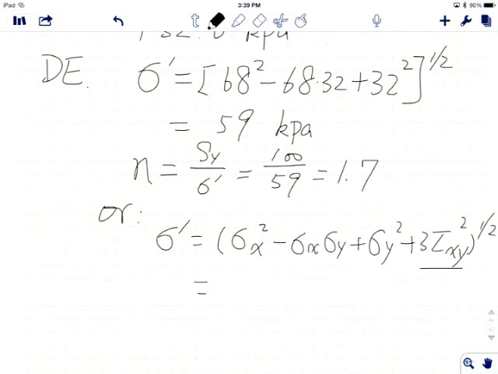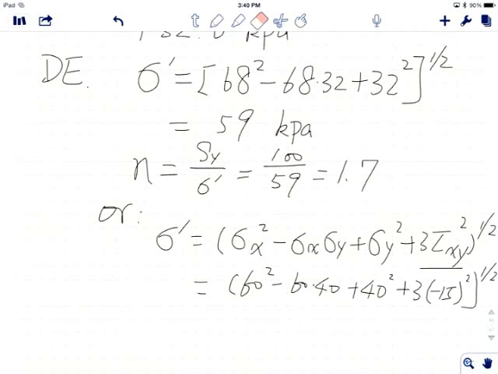You can do the same thing, plugging in those numbers directly from the given condition. It's going to give you the same von Mises stress, as we expected. These two are the same.